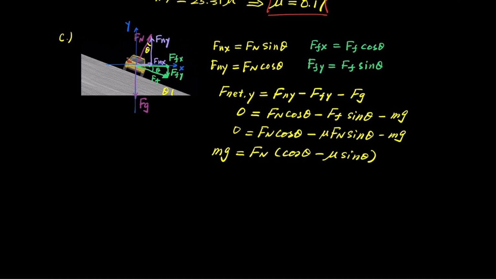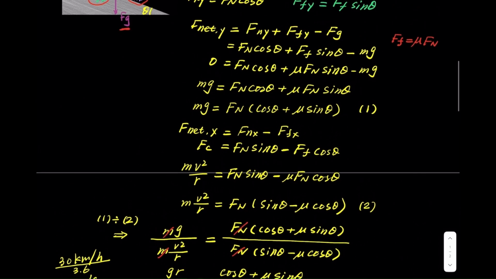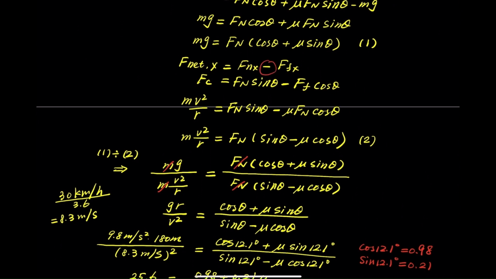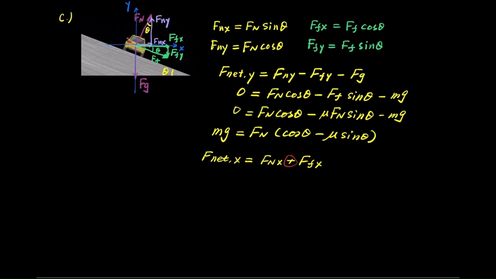In the x direction, we have F net x equals Fnx plus Fx. And notice that we have the addition here this time. Last time in case 2, we had the subtraction here. This is because this time the friction component is now pointing in the same direction as the normal force component, and they are working together to keep the car in the turn. F net x is the centripetal force Fc.